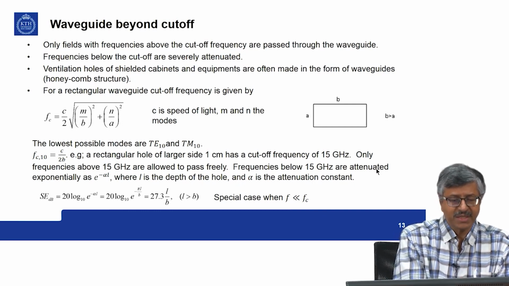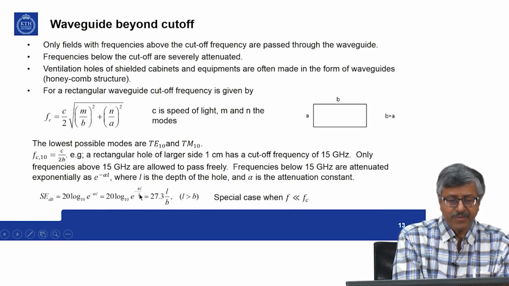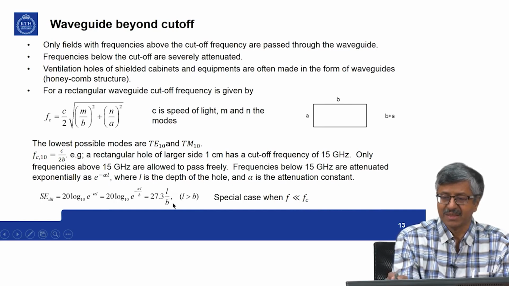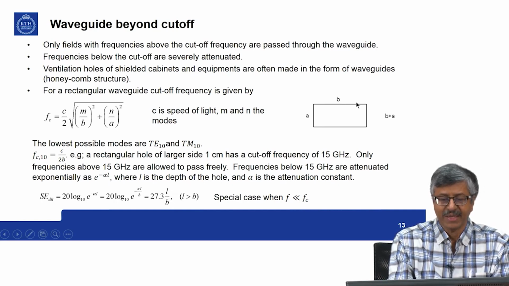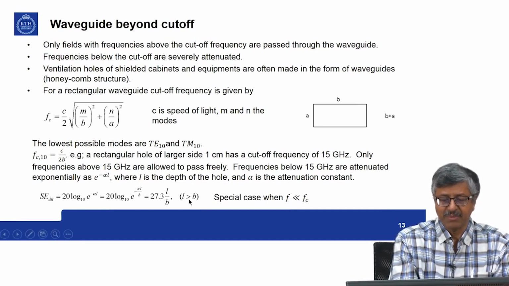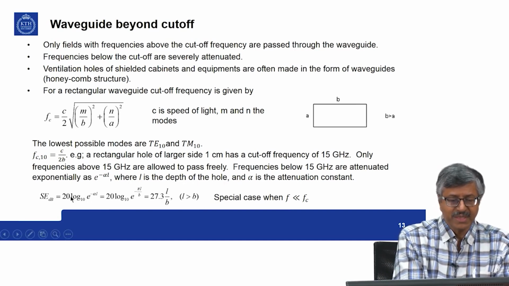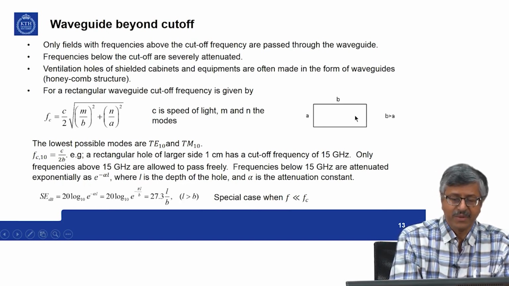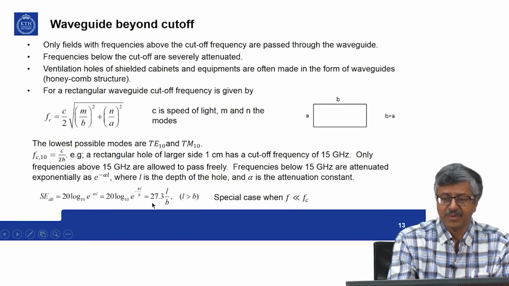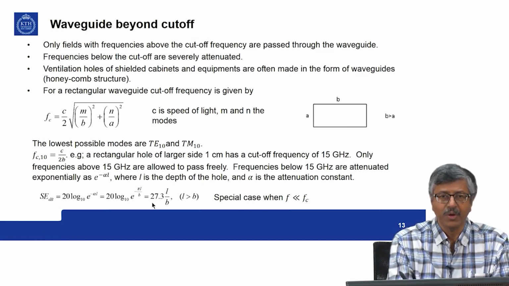So, for this particular case we can see that attenuation in terms of dB is 20 log e to the power of minus alpha L. So, e to the power of pi L by B, so 27.3 L by B. L is the length and B is the largest dimension of the waveguide, and L is greater than B. So, you can see that these waveguides provide quite good attenuation to the fields penetrating a hole.